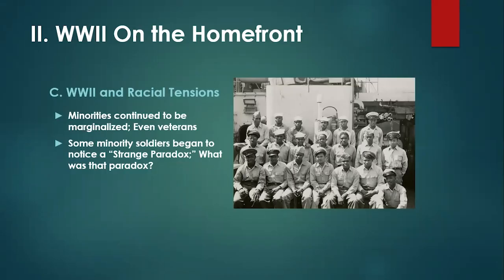And really, by World War II, some minority servicemen began to recognize a strange paradox. You guys had read about an individual who noted this strange paradox, essentially saying that on one hand, he is fighting for things like freedom and democracy and spreading these four freedoms for people around the world. Yet, as an African American, he doesn't feel as if he's equally being provided those same types of freedoms that other Americans around him are, due to his race.